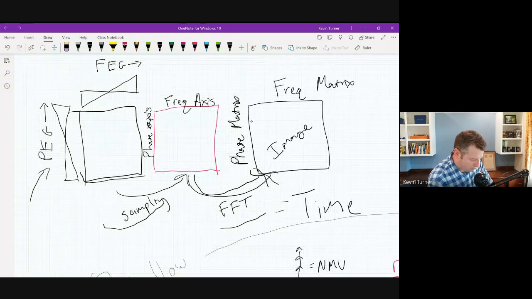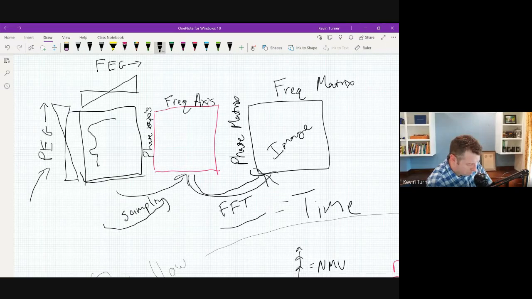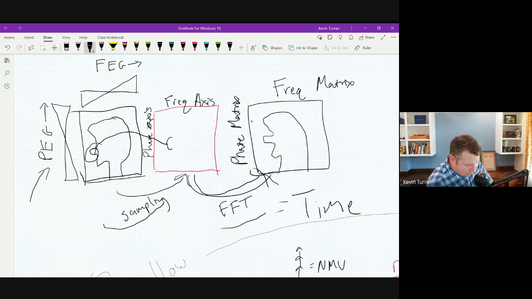If we have a patient, let's say this is their head, right? And then on the final image, we make a sagittal of their head. This information is not stored in the same place in K-space as on the image.